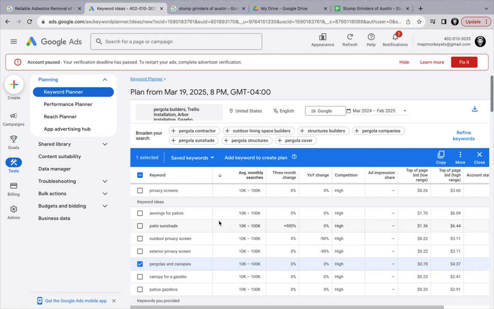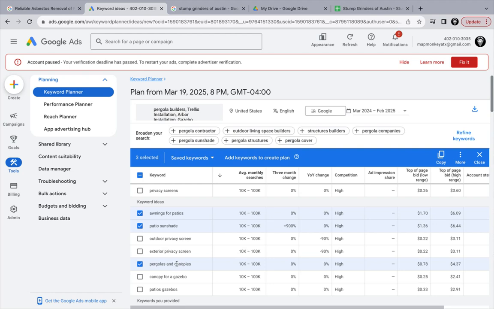However, we have two of these that are high price bids: patio sunshade and awnings for patios. The reason I stopped and said, wait a minute, is because I picked my main version of the word, pergola, which is important.